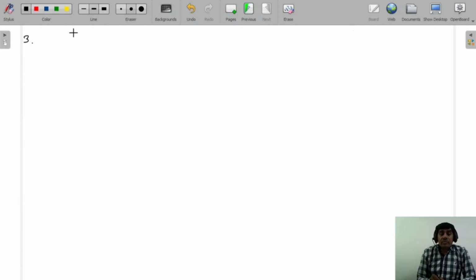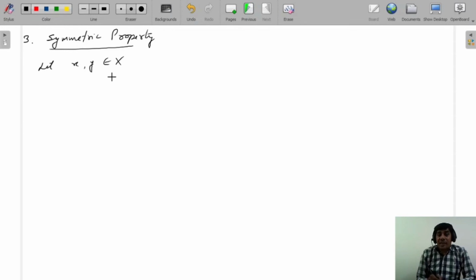Third property, symmetric property. Let x, y belong to capital X. There may be two subcases.